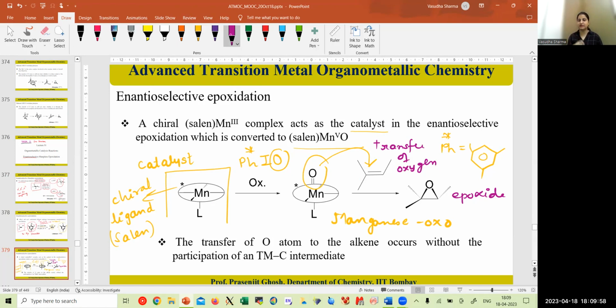That ligand is itself chiral, which introduces the enantiomer selectivity. The transfer of the oxygen atom to the alkene occurs without the participation of the transition metal and the carbon intermediate. So they are not in coordination, or not making a direct bond. It's just a transfer reaction. That's why this is a highlighting feature of this enantiomer selective epoxidation.